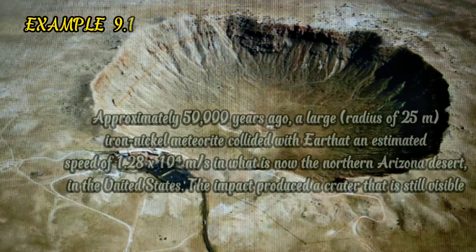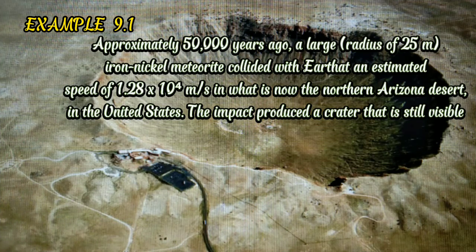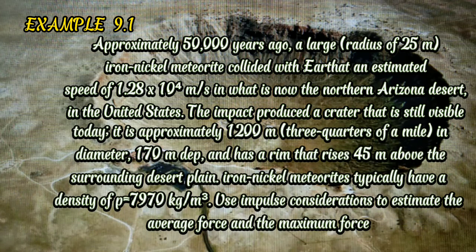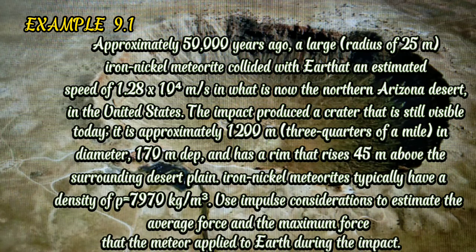Example 9.1, The Arizona Meteor Crater. Approximately 50,000 years ago, a large iron-nickel meteorite with a radius of 25 meters collided with Earth at an estimated speed of 1.28 times 10 to the power of 4 meters per second in what is now the northern Arizona desert in the United States.